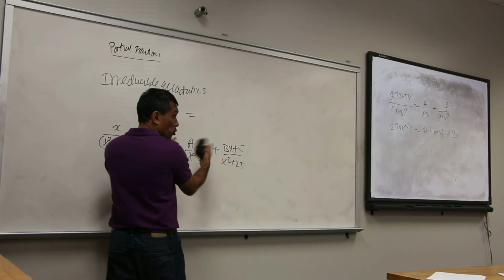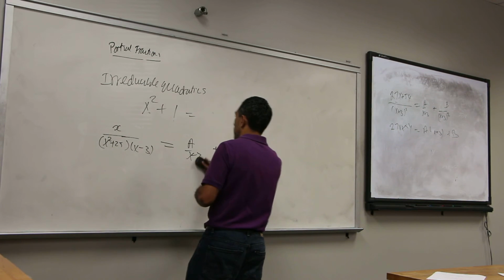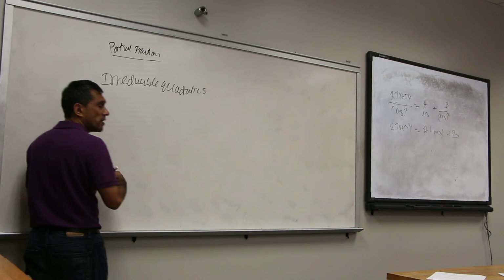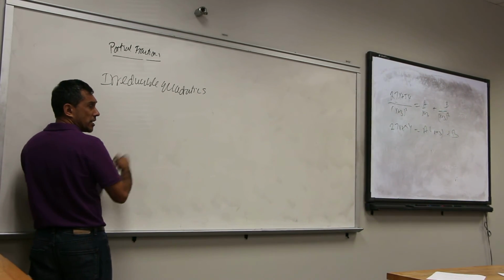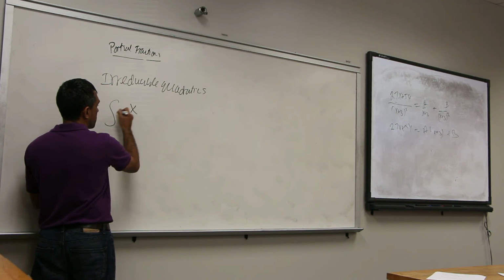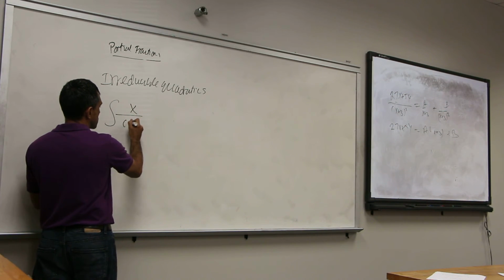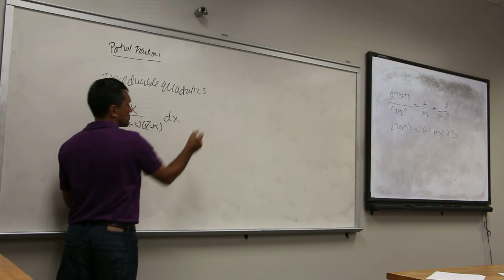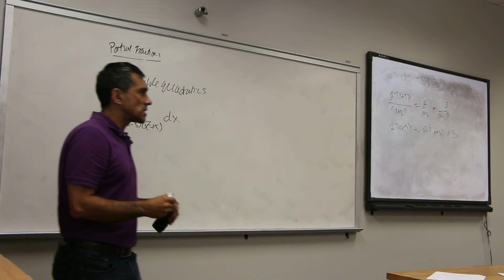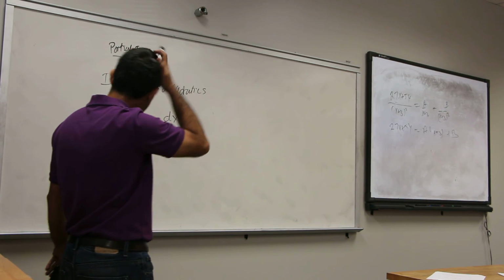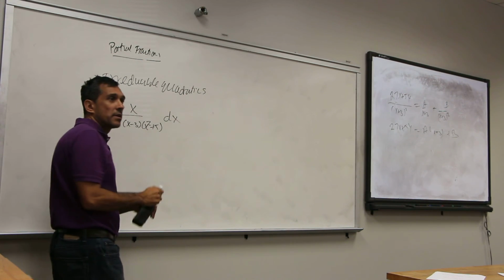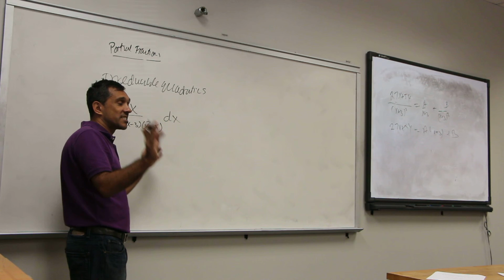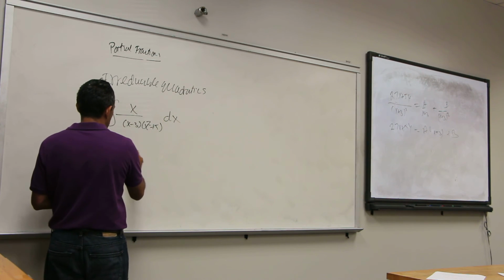So let me do one and then I'll tell you how you do it in general. Somebody says to you, integrate this beast here. You say to yourself, well, the degree of the numerator is less than the degree of the denominator, okay, that's good.